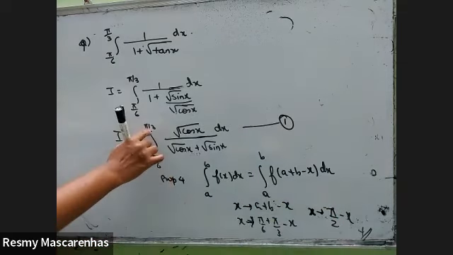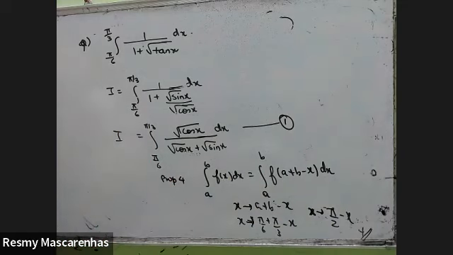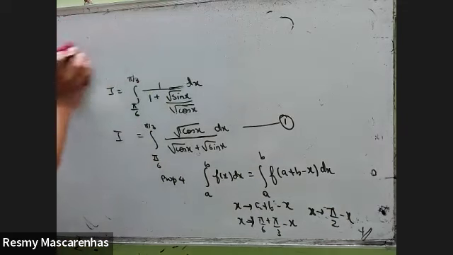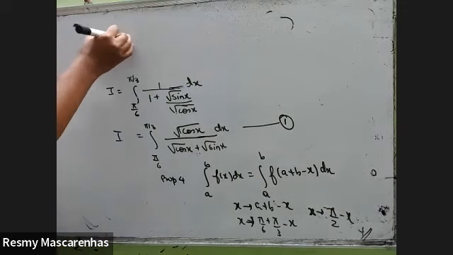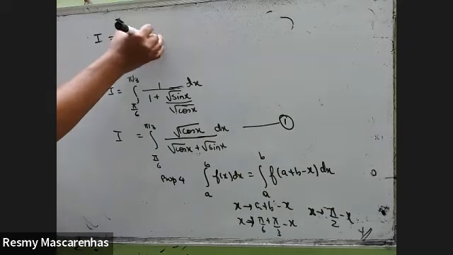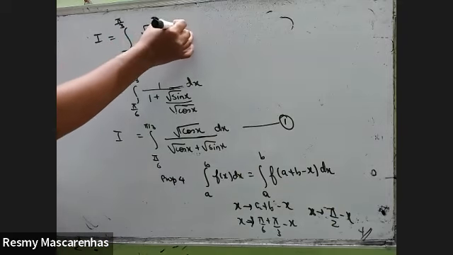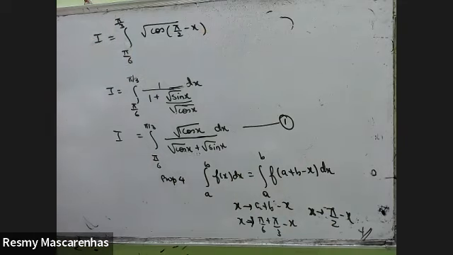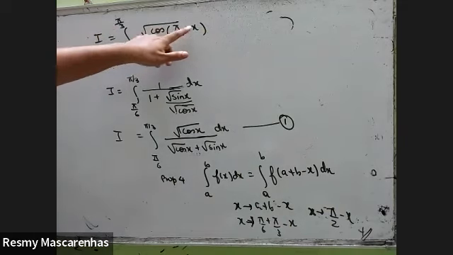They give only the numbers such that it will always end up as pi by 2. So everything again same thing will get replaced by pi by 2 minus x. Or I can write it this way also, pi by 3 plus pi by 6 minus x.